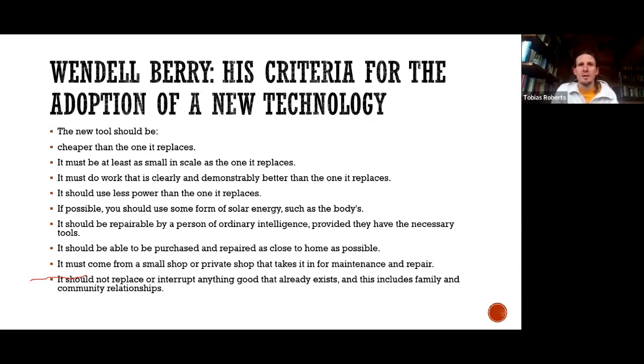It was a way for local communities to save time, to perhaps improve their harvesting practices, but at the same time, it wasn't at a scale that took the autonomy and the agency away from the local community. Number three, the new technology must do work that is clearly and demonstrably better than the one it replaces.